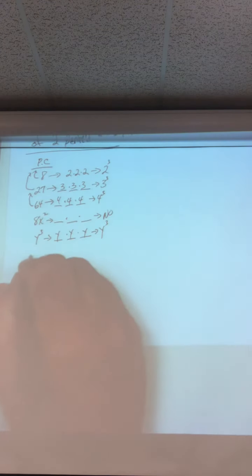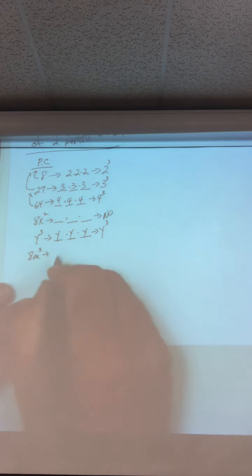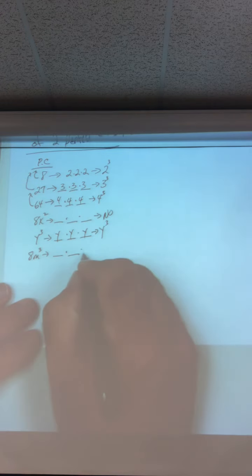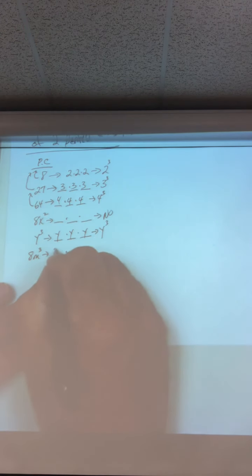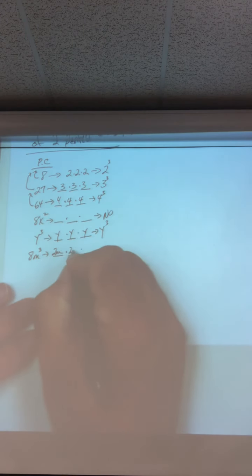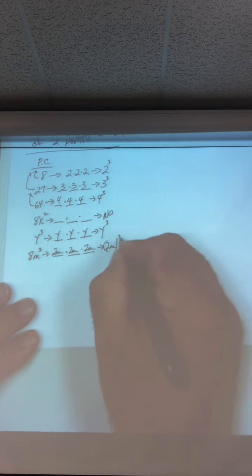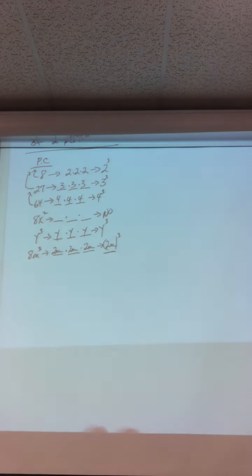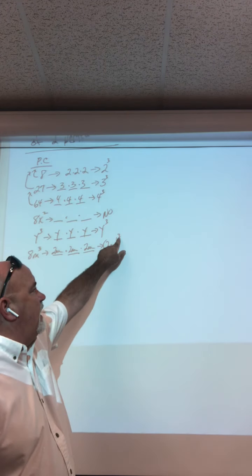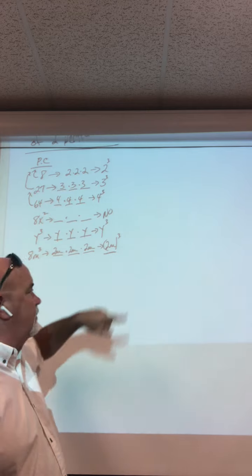Now, what if this was 8m cubed? Something times something times something. Yes, 2m times 2m times 2m. Or (2m) cubed. Now, you have to put the 2m in parentheses there. We talked about that earlier with exponents. If you leave the parentheses off, that cube's only on the m, not the 2.